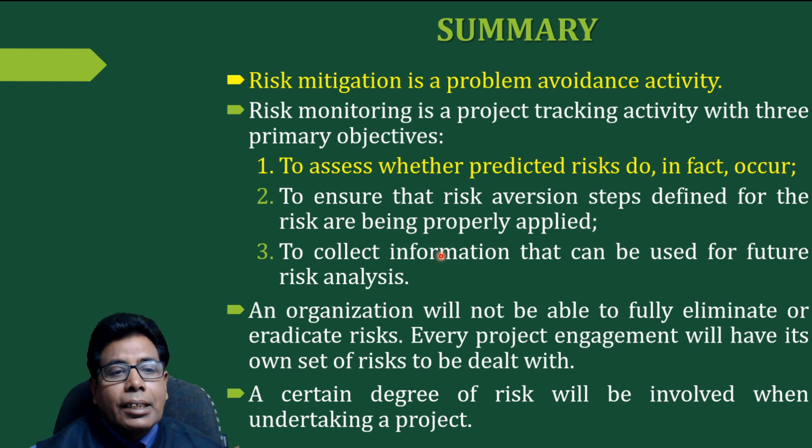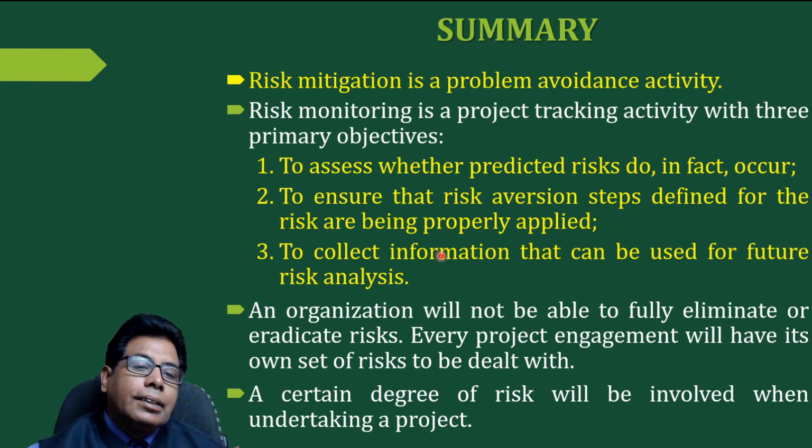First is to assess the project's predicted risks, whether they are going to occur or not, and then to ensure that risk aversion steps defined for the risk are being properly applied so that the risk does not occur. Then to collect information that can be used for future risk analysis. So with these three objectives, the risk monitoring will be carried out.